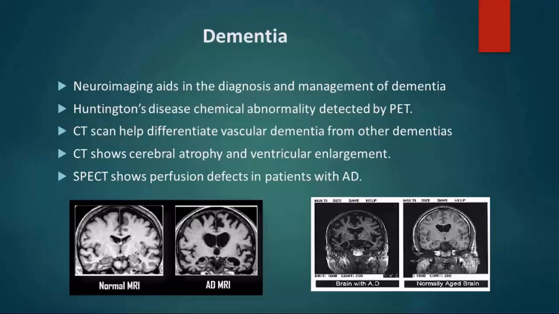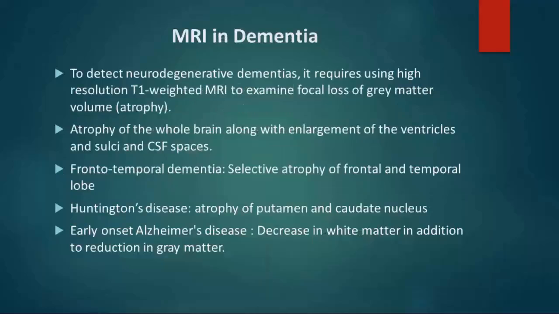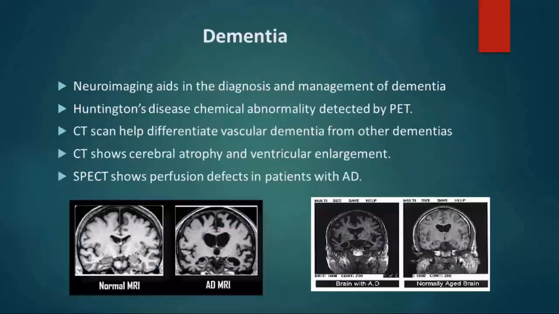Let's look at this. When we look at the brain with AD and the normal aging brain, we realize that there is cerebral atrophy in the brain with AD, that's Alzheimer's disease.